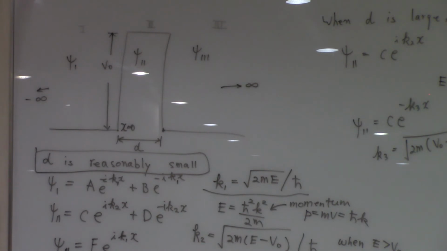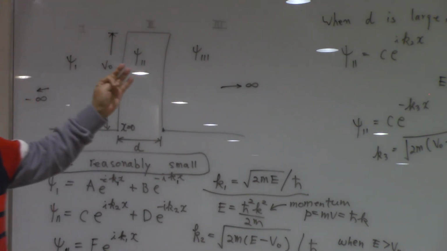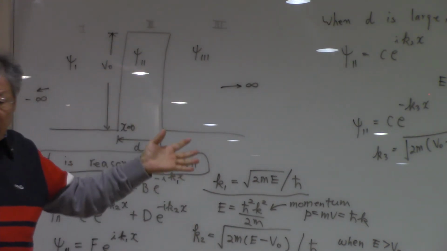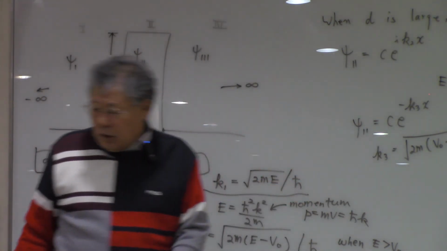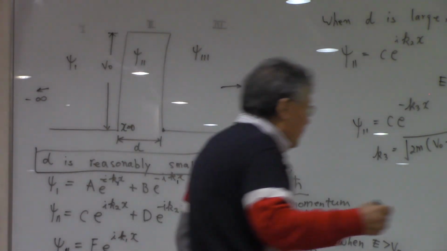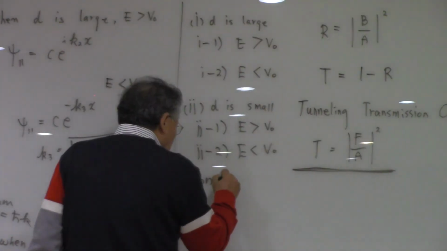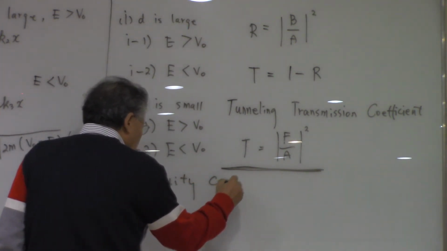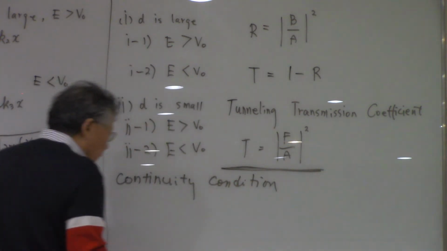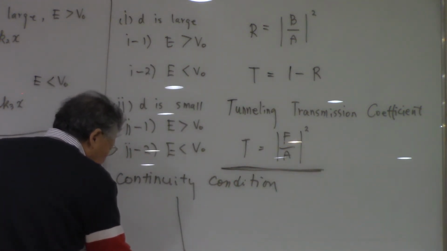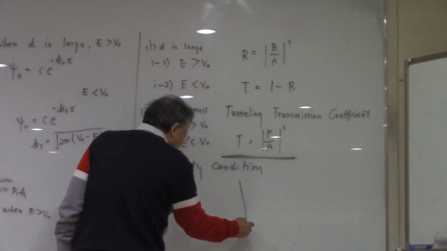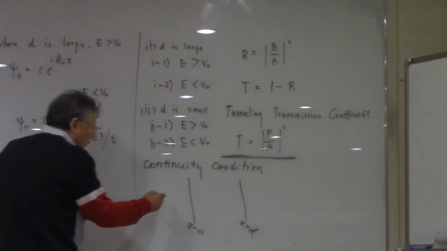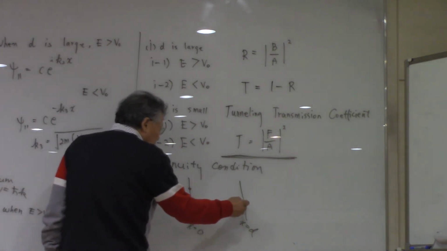So the actual calculation of the transmission and reflection coefficients is given in the text by using the continuity conditions, which means that at the boundaries x equal to 0 or x equal to d, the wave should have a single value.